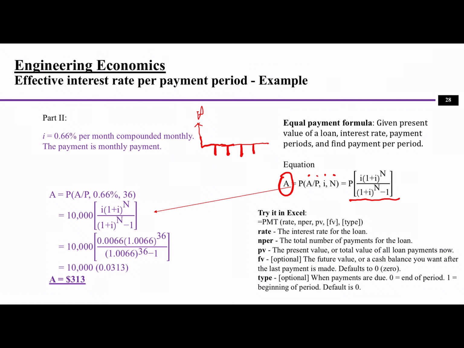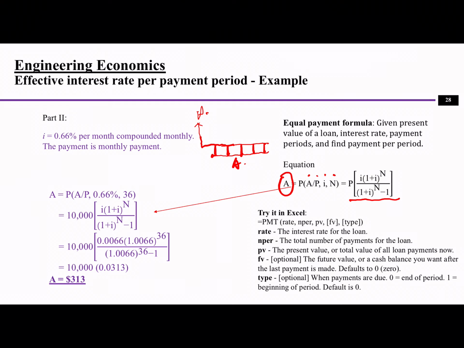We have a loan, all right? You got a loan here, which is P, and you want to pay it back with equal periodic payments, A. Suppose they are all the same. They are all the A's, right? So now, if we know the P, how do we want to find the A?